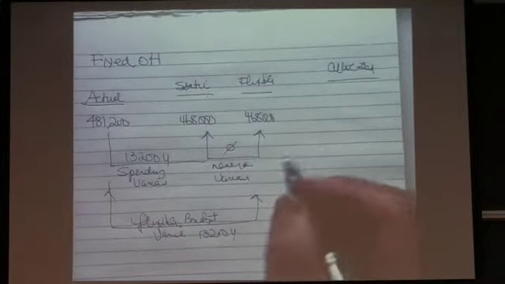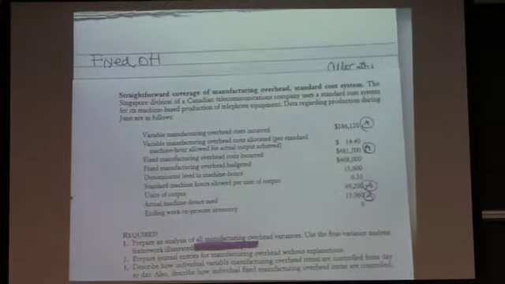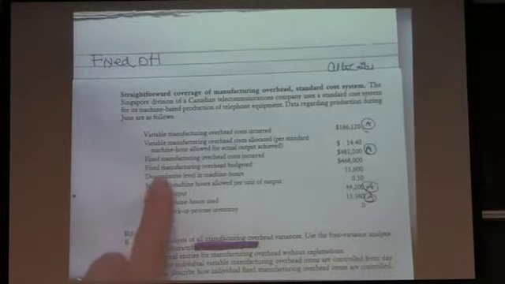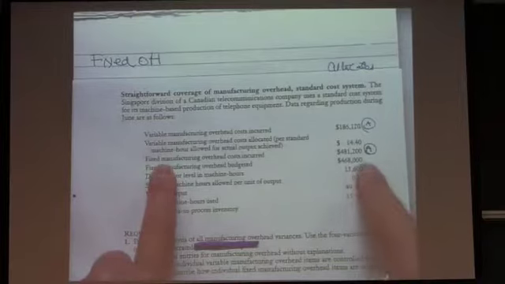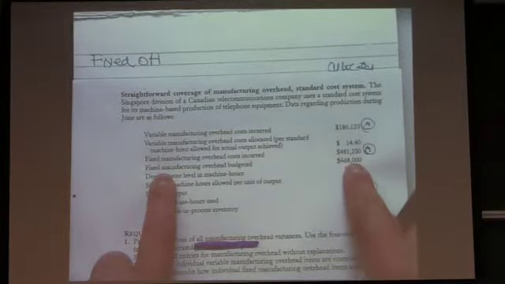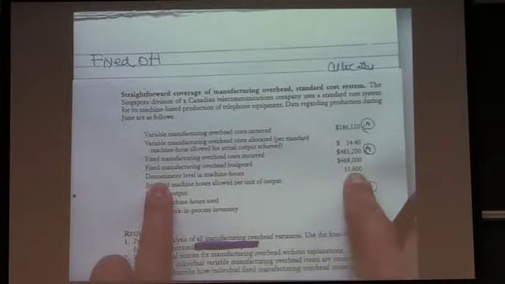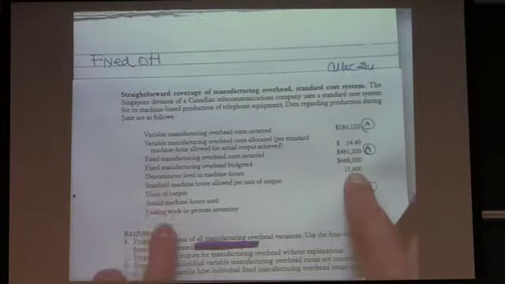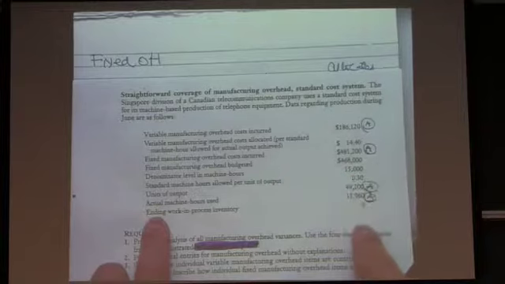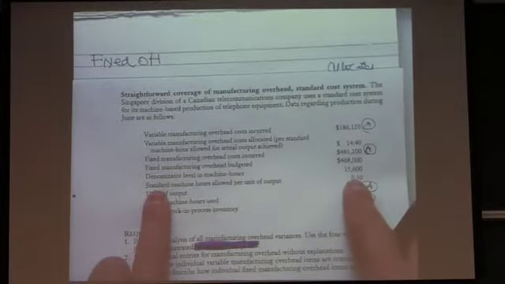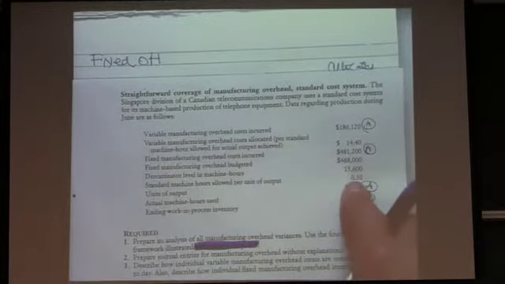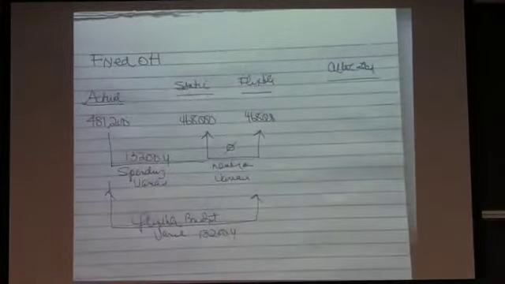Well, the budgeted was 468,000. The denominator level is 15,600 machine hours. And we know that the standard machine hours per unit of output is 0.3. So we need to calculate the rate.